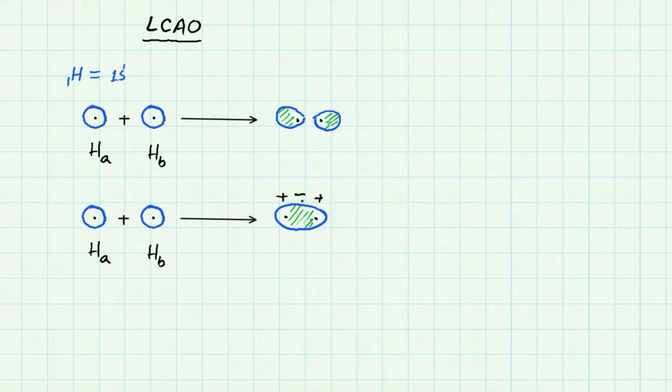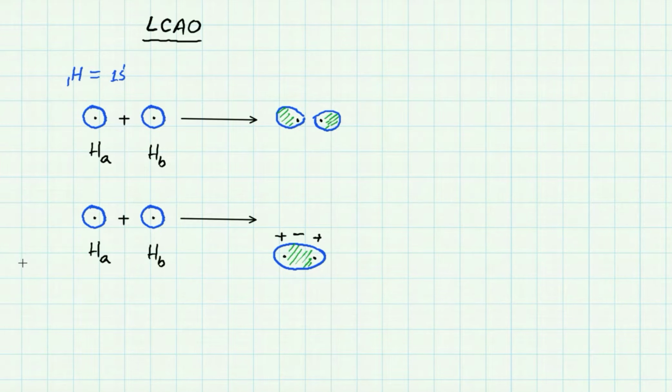As a result, the energy of this system will be lower as compared to these combining atomic orbitals. So we take this orbital a little bit lower if we take into account the energy of the system.